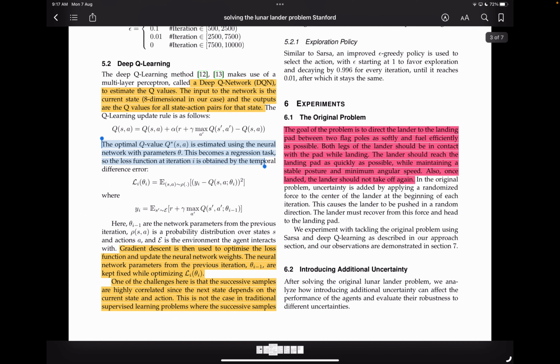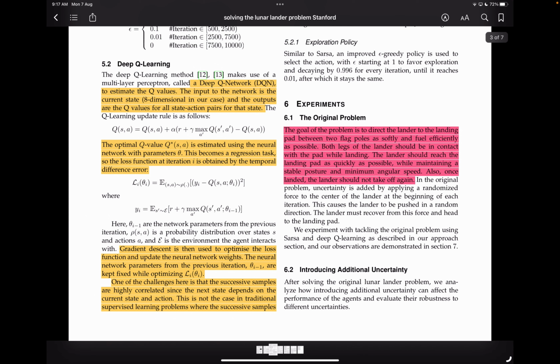The loss function at iteration i is obtained by the temporal difference error. Temporal difference is the difference between what we think is the actual value and the actual value, or the reward returned when taking a specific action. So it's the difference between the actual and the expected, right?